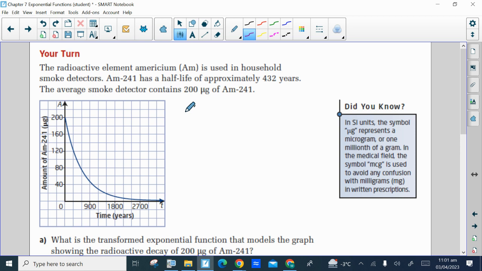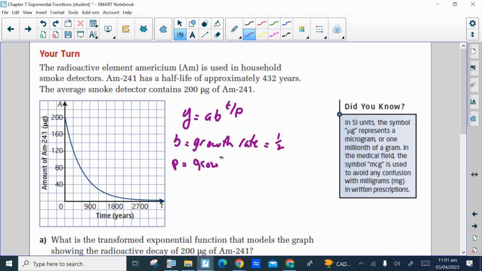So again, we want to write the equation of this function. If we start with this base function, remember we said that b was the growth rate. In this case, it is a half, because the amount of the element is cut in half every 432 years. P, we said, was the growth period.